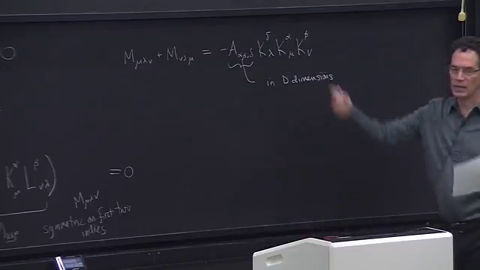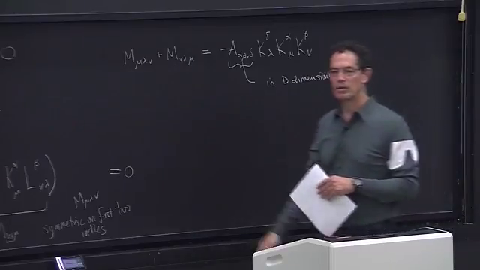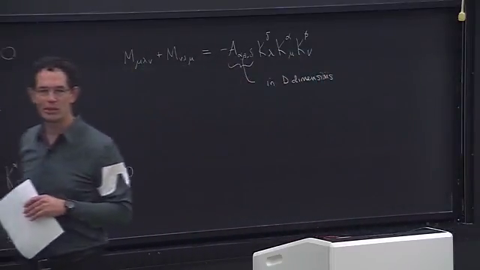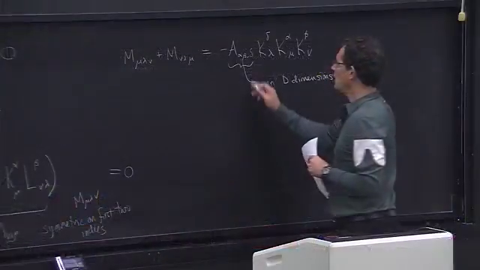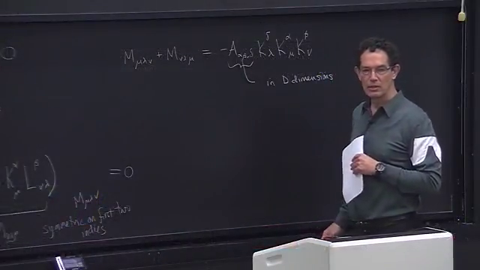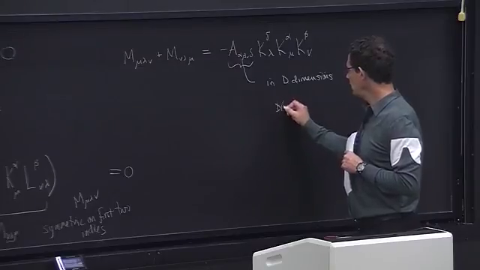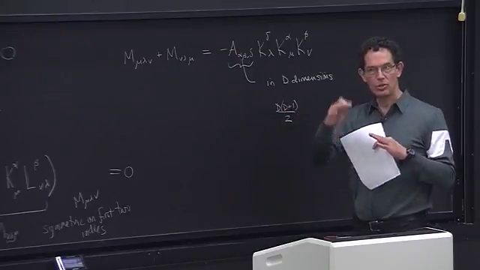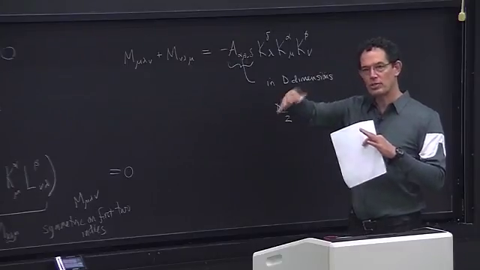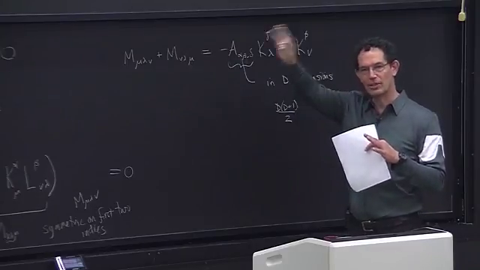If I'm in d dimensions, this would be a symmetric d by d matrix, which has d plus 1 over 2 components, because you have d minus 1 over 2 components off the diagonal.